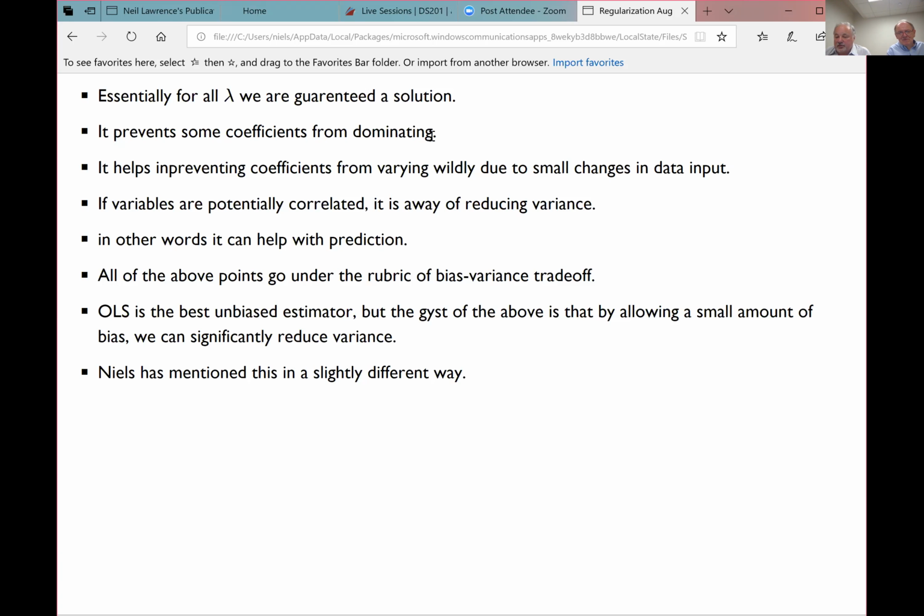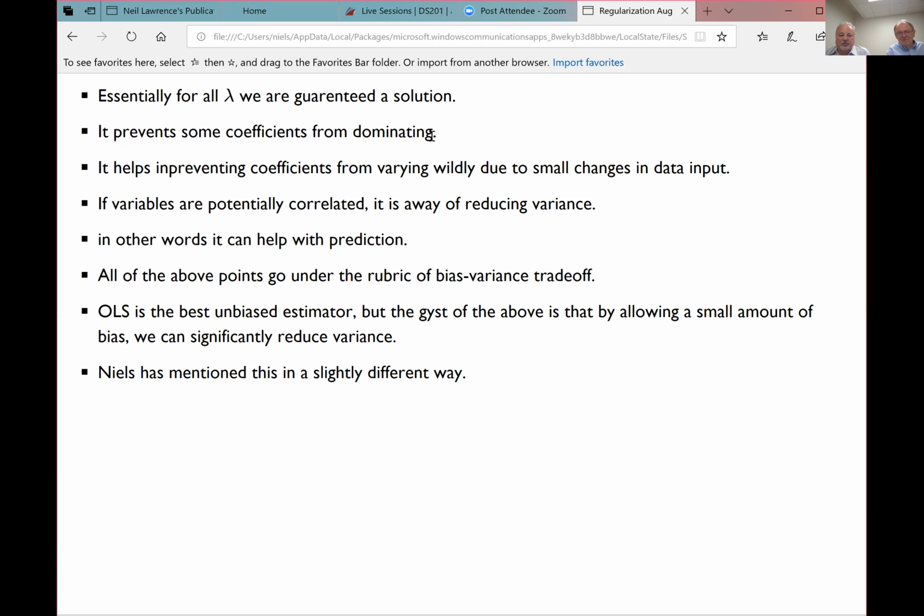Okay? So these regularized models are not unbiased. They're biased. In general, their average expected value will be slightly off from the correct expected value. But the amount of variance that they display goes down significantly. And what that means is that when you go to predict, this reduced variance corresponds to much better predictions.